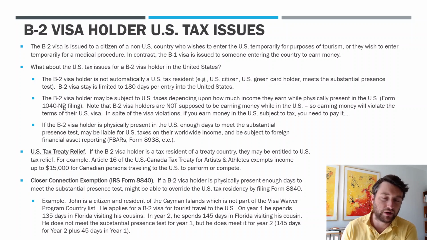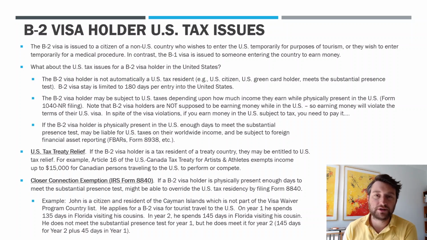So, back to the immediate U.S. tax issues. So, B2 visa holder enters the U.S. for tourism. Generally, no U.S. tax issues, but if you enter the U.S. for tourism purposes and you do end up working and earning a wage, then you might be subject to U.S. taxes.